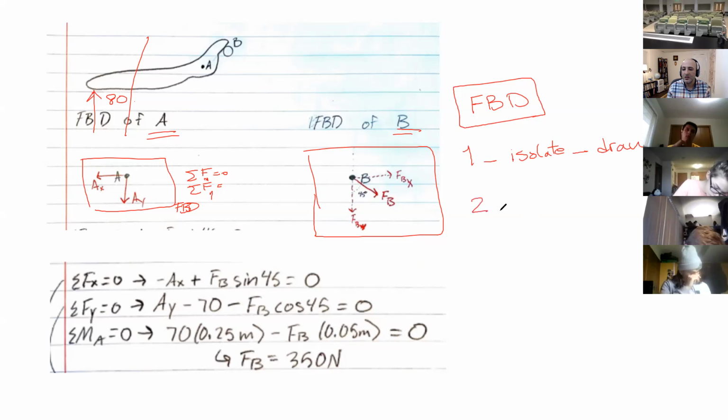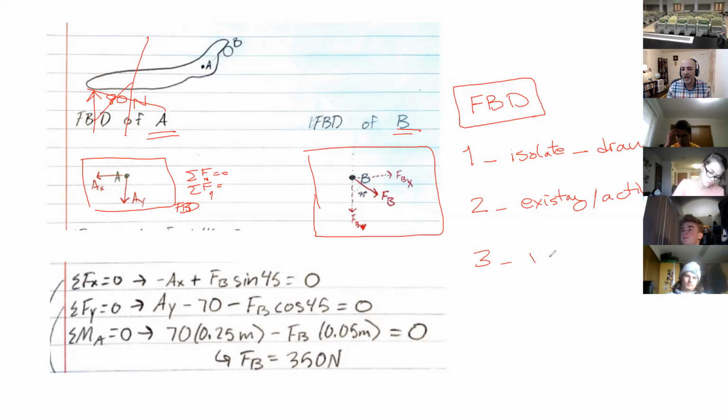Step 2 is to put the existing or active forces on there. If you're drawing a free body diagram and I give you a force of 80 newtons, you cannot ignore it. Step 3 is reactive forces, the forces from pins, supports, and all of that, all right?